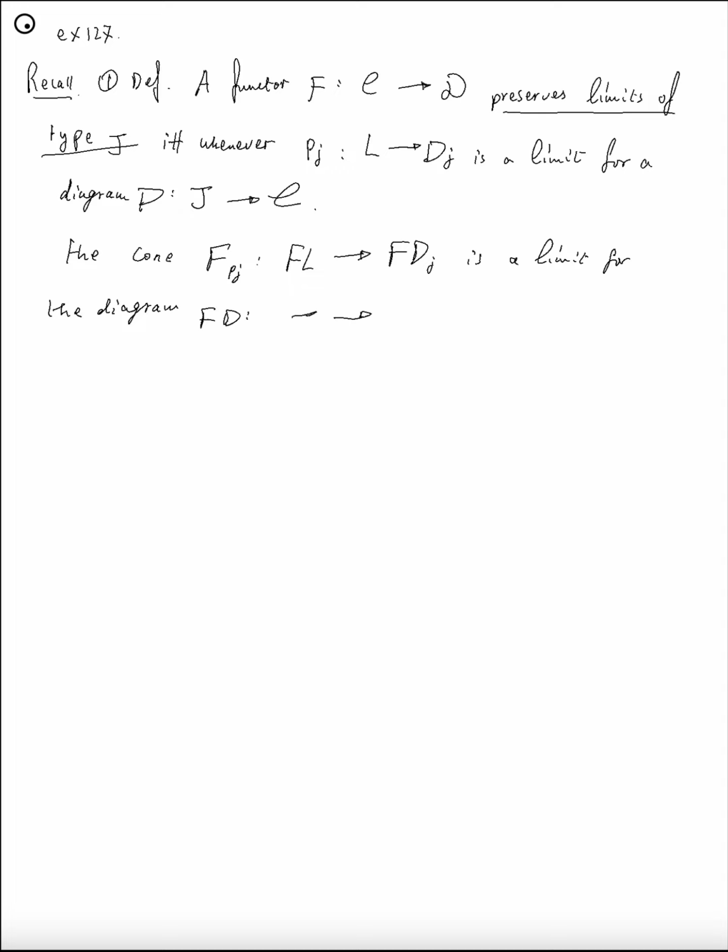So it's again from J, no, it's from J to D. Let me draw a picture. You have a functor from J to C, and this gives you a diagram.